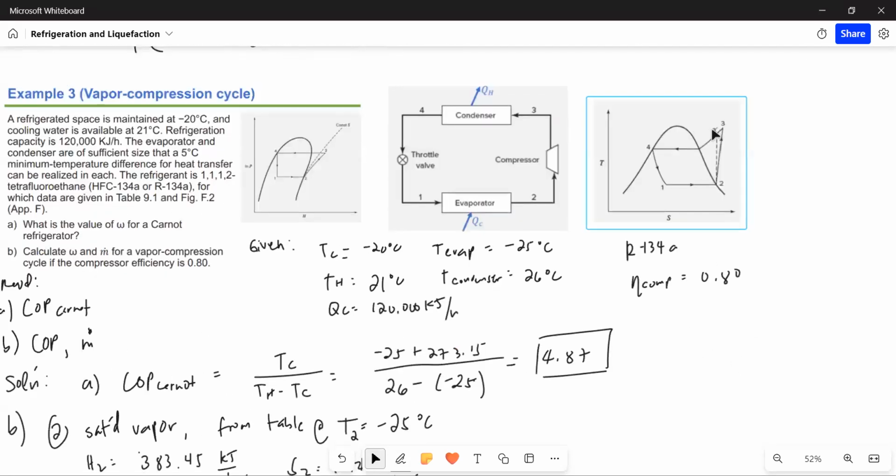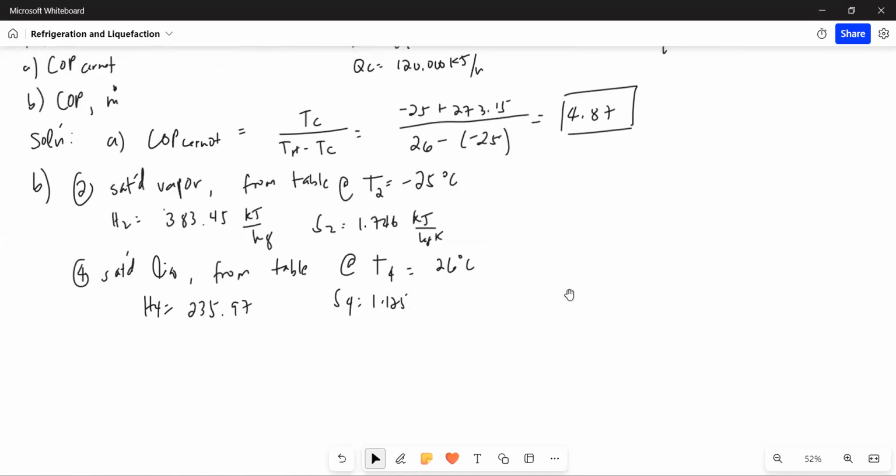So we can look at point 3. Let's look at point 3. If we assume isentropic expansion, by the way, before that, point 3, it's superheated. The state is superheated tetrafluoroethane.